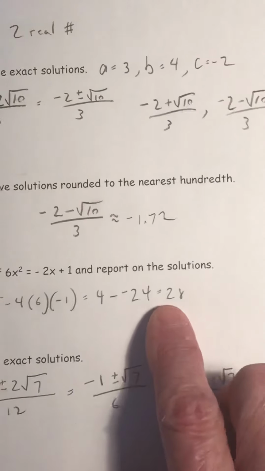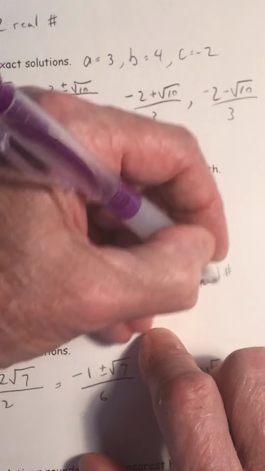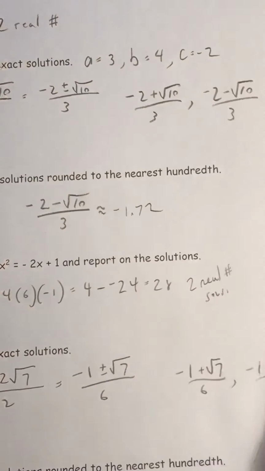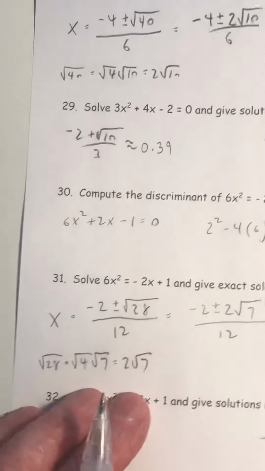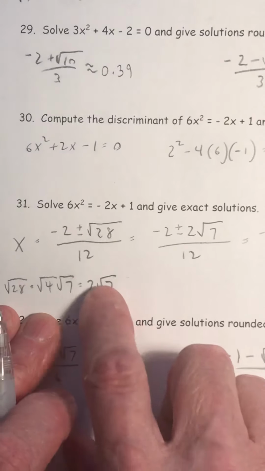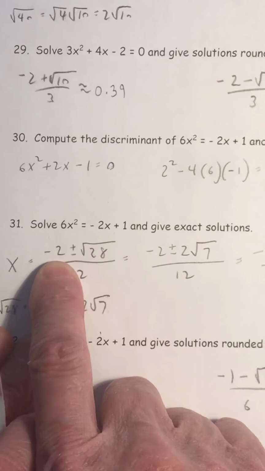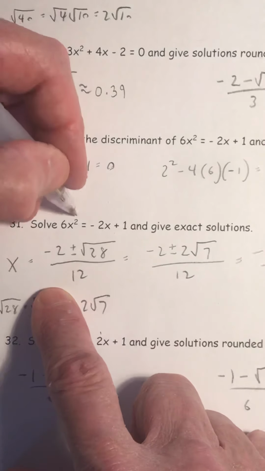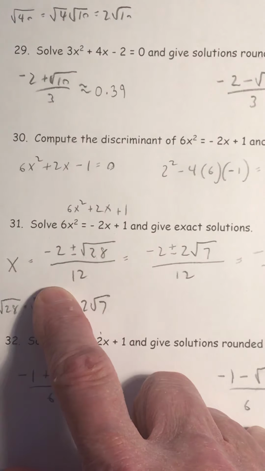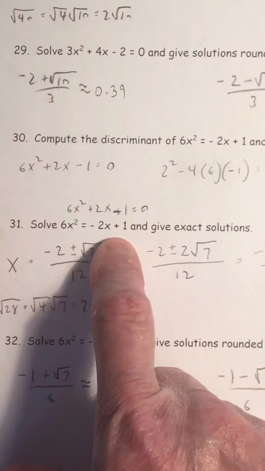So with a discriminant of positive 28, we would say 2 real number solutions. And then just like we did with the first group of exercises, we want exact solutions. So it's the opposite of b. Remember, I should have written this, sorry, -1, right there.